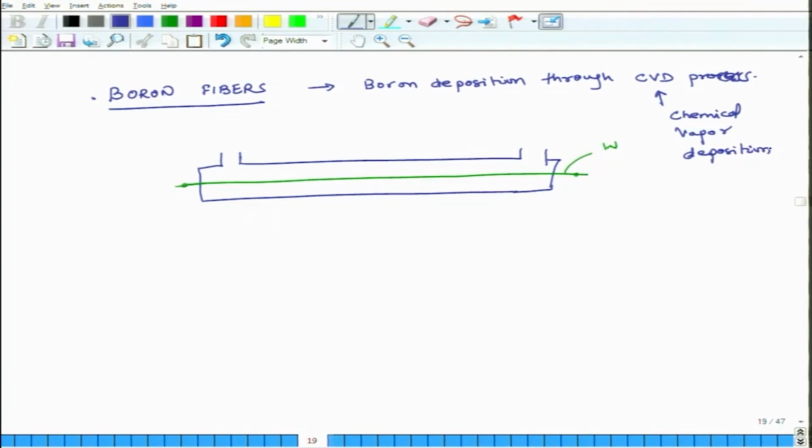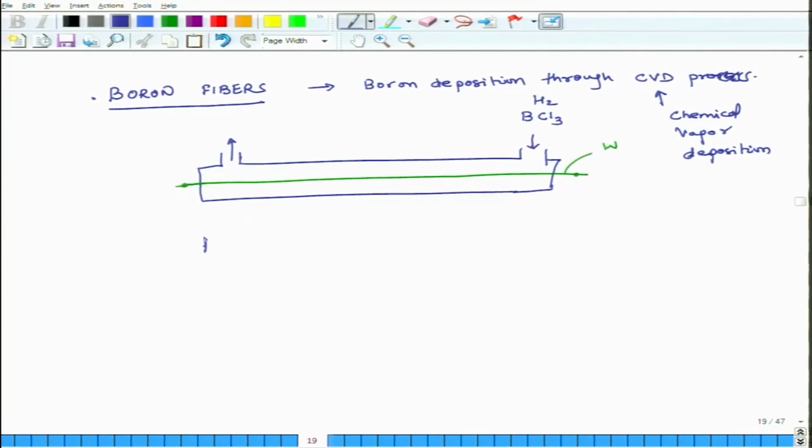Okay. So, the way this happens is that there is a chemical reaction going on. You insert boron chloride gas and you also insert hydrogen gas in it, okay. And when boron chloride and hydrogen mix at a high temperature, you produce boron, and we will show that reaction.